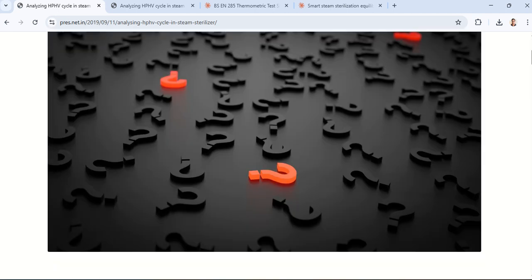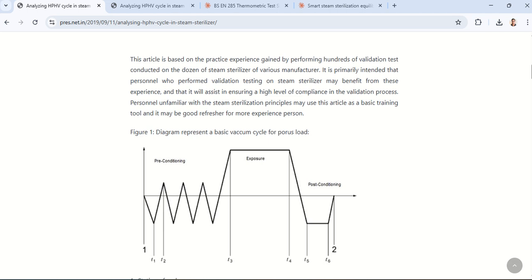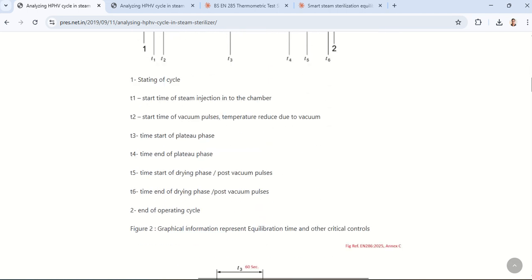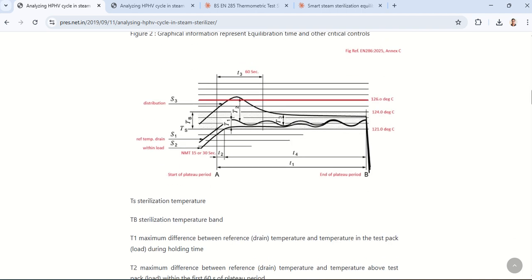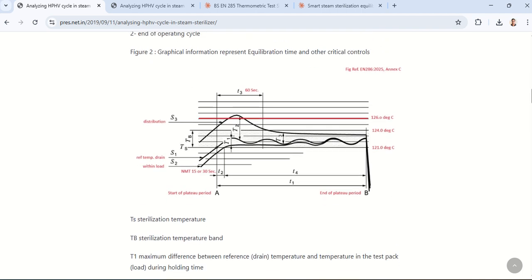It will give you the explanations. You can skip this; this is the diagram of how the basic vacuum cycle looks for the porous load, but today we will stay here to learn.